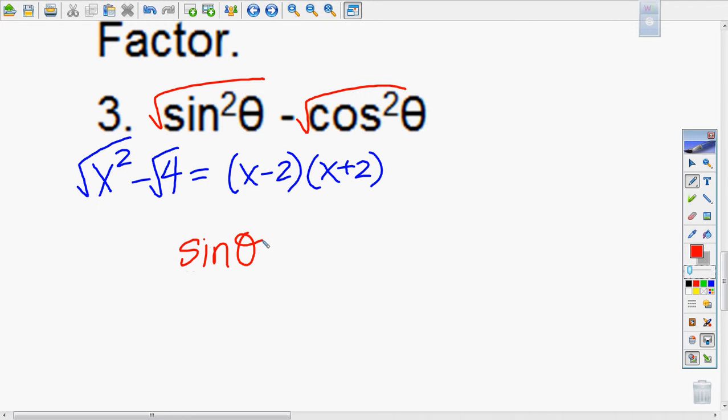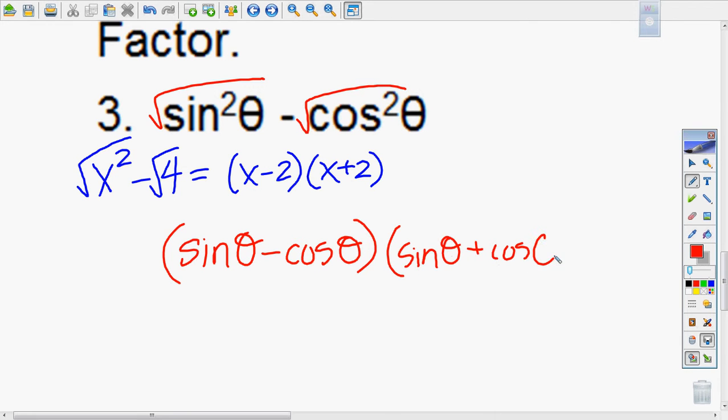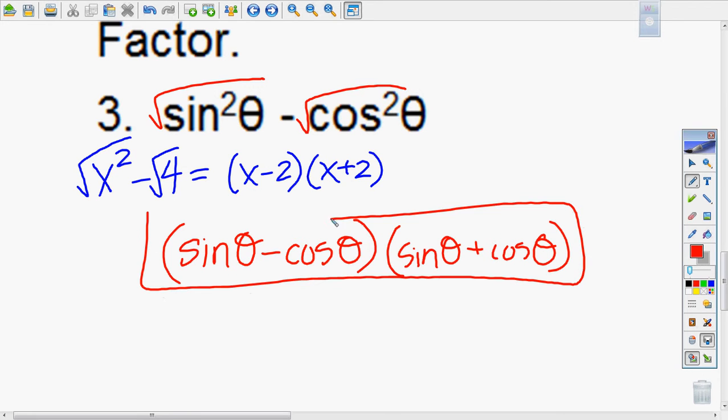What's the square root of cosine squared? Cosine. So this would be sine minus cosine, and then the other one would be sine plus cosine. And that would be my factored solution. So you're just taking the algebra process and applying it to trigonometry.